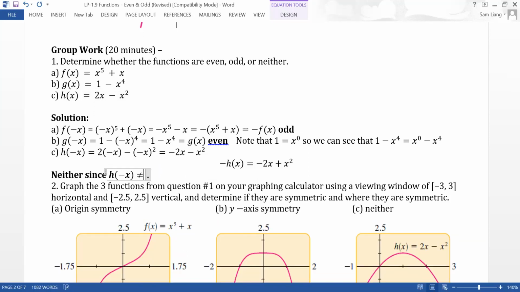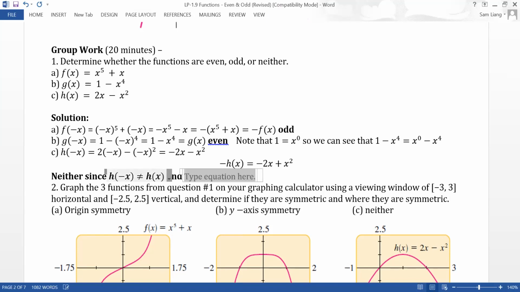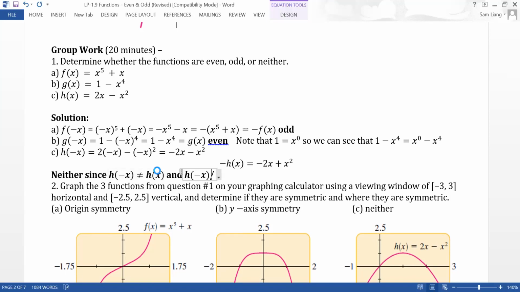Okay, h of negative x is not equal to the original function, so therefore it's not even, and it's not equal to a negative h of x, okay, which would show that it's odd. All right, so therefore this is neither.